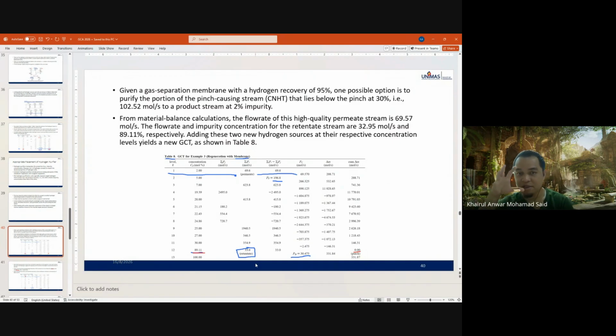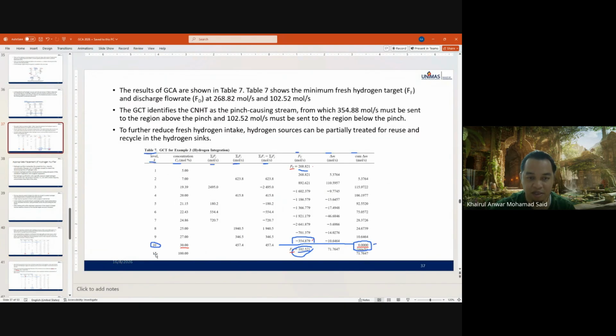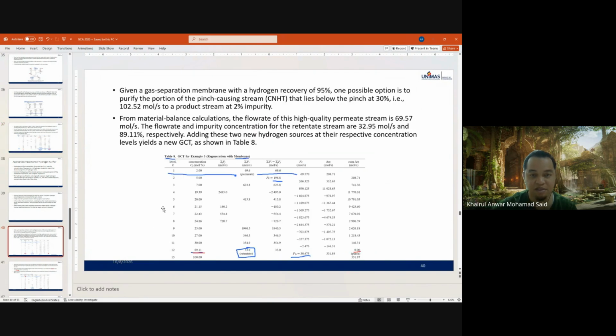So what they do, they put inside the GCT, instead of 11 levels, they introduce another two levels, one for the permeate, another one for the retentate.